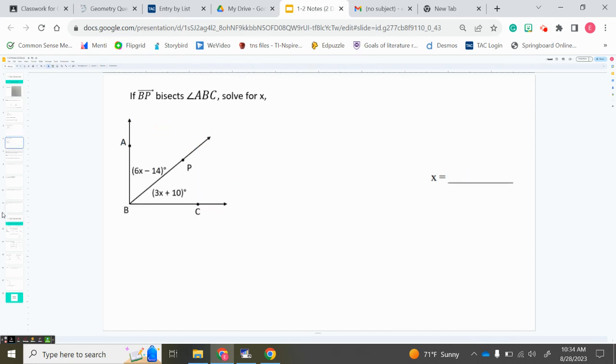If BP bisects ABC, solve for x. All right, so they're saying again, this is our bisector. These two are congruent. What do I do? How do I solve for this? I set them what?